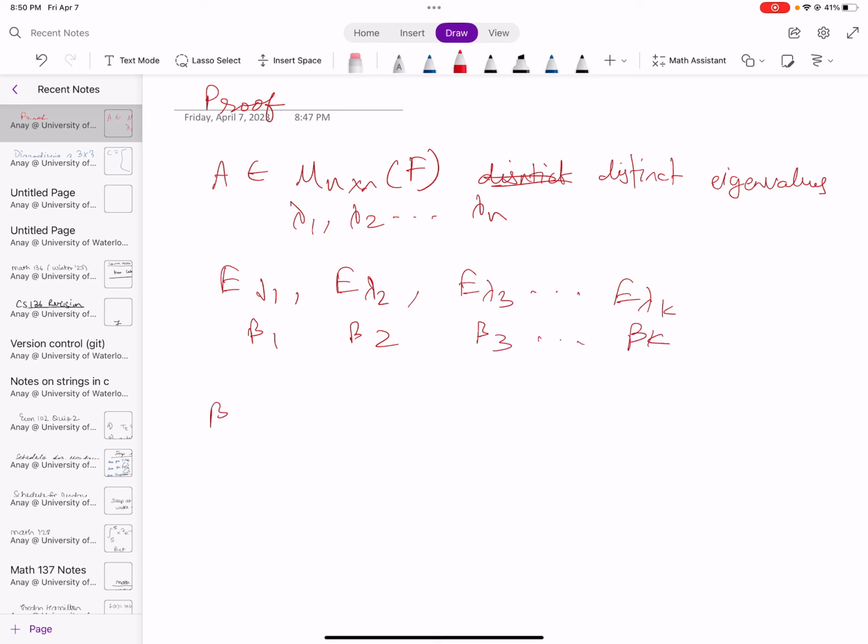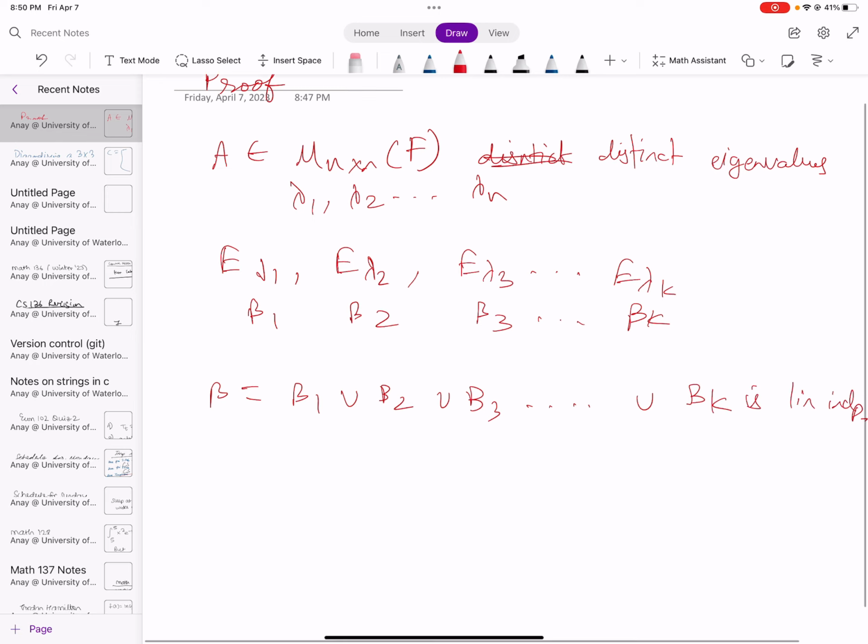We have to show that b, which is equal to b1 union b2 union b3 union bk, is linearly independent, right?